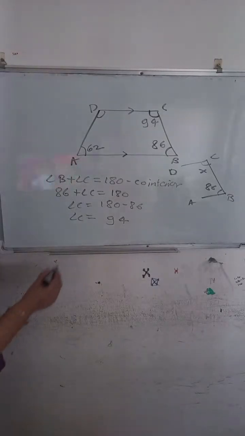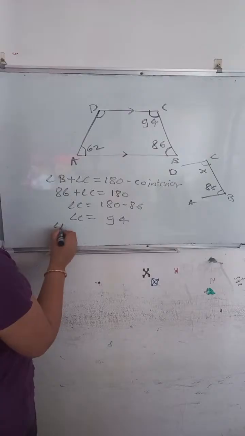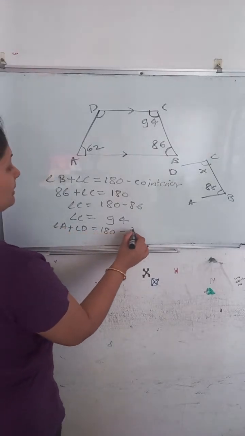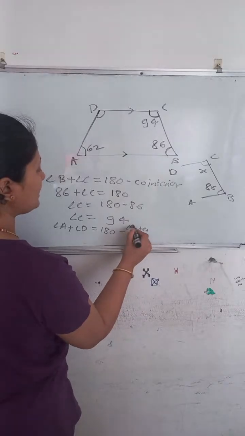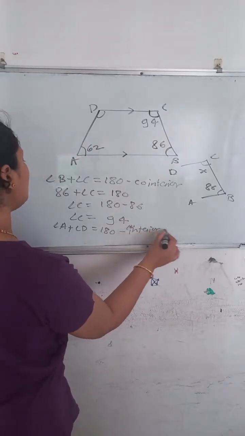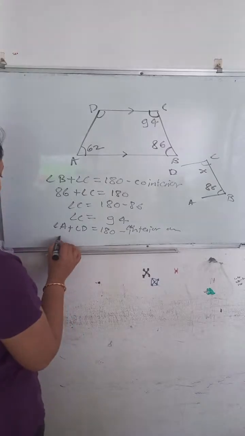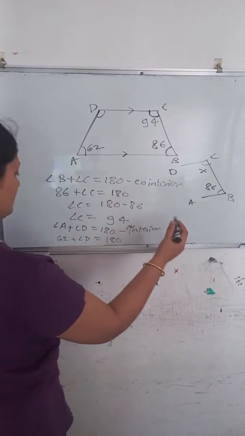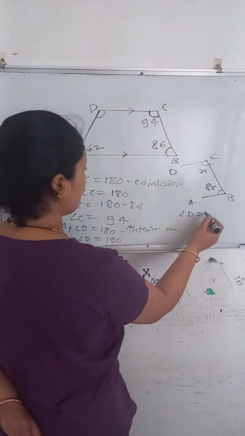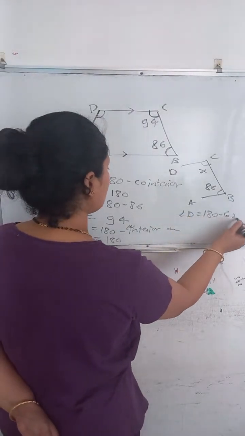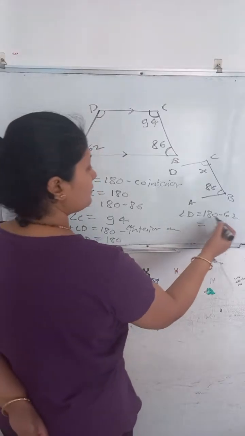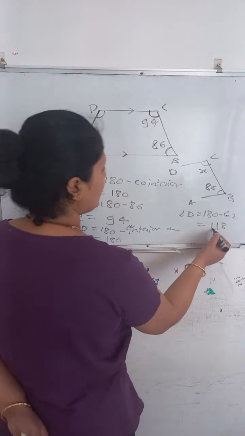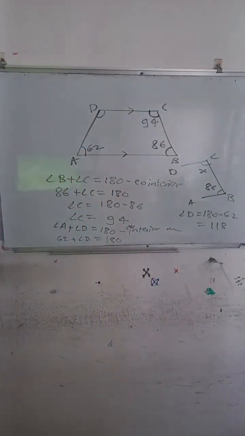Then again, angle A plus angle D is equal to 180 because they are also co-interior angles. So angle A is 62, angle D I have to find out, and angle D is equal to 180 minus 62, which is 118.